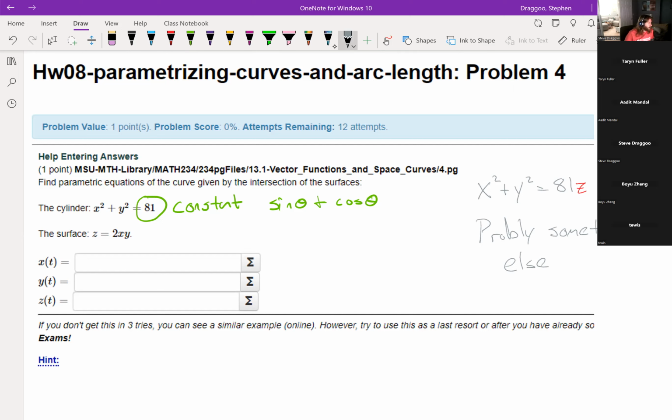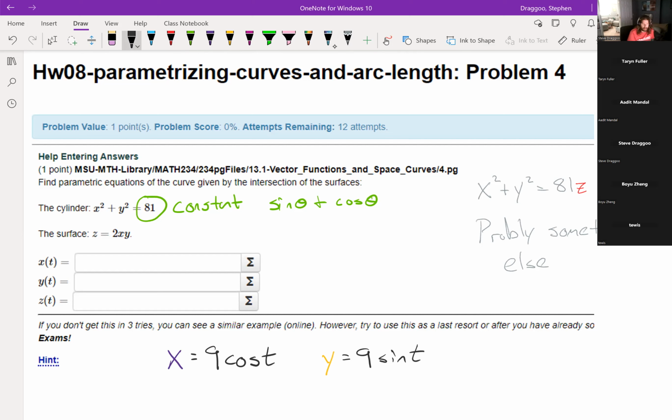So we've got our starting point. It's a circle. So let's use x equal to the cosine component, and our circle has a radius of 9. So we're going to go with 9 cosine. So x is going to be 9 cosine t, which leaves y to be 9 sine t.